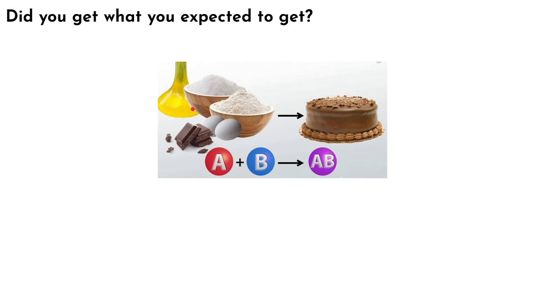So, overall, the question I'm trying to ask you here is, did you get what you expected to get? Again, if you start out with a certain set of masses or ingredients or whatever you're looking at, did you get what you expected to get? That is what number 7 is all about. All right, if you have other questions, let me know.